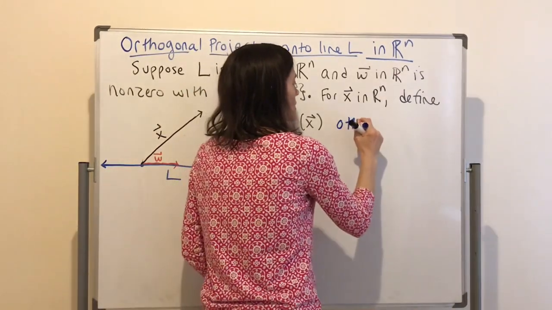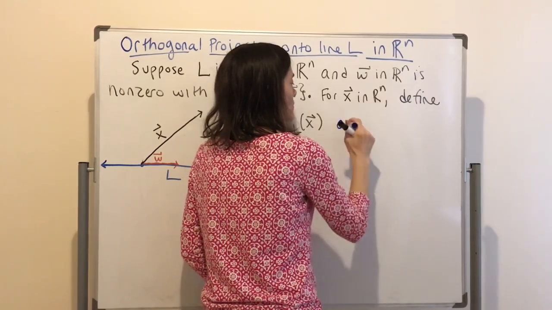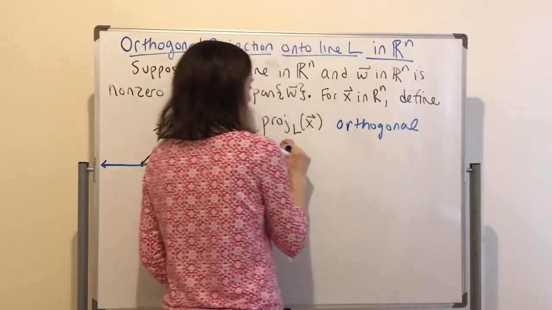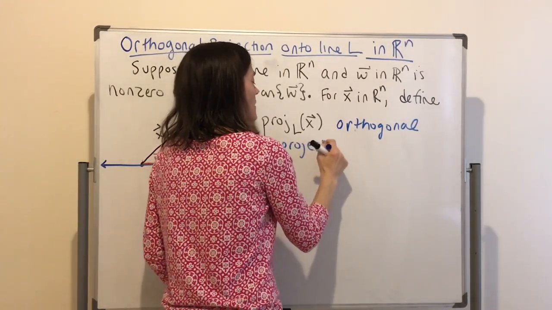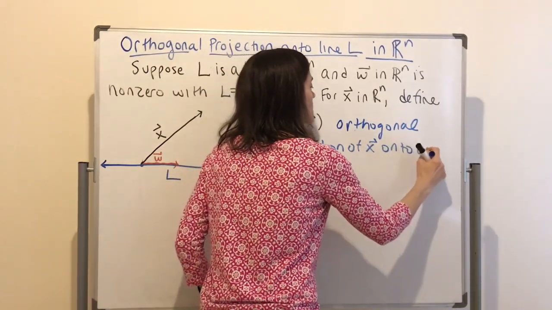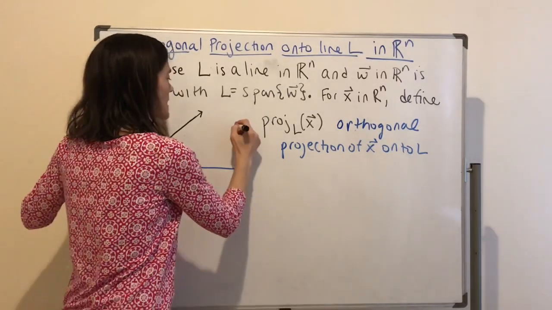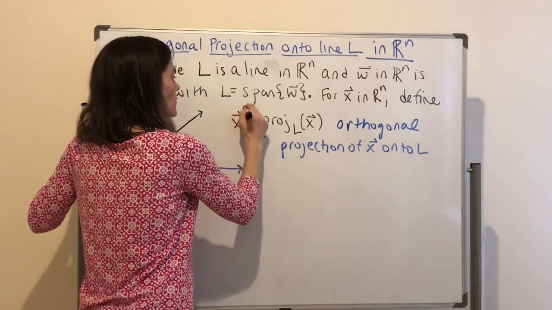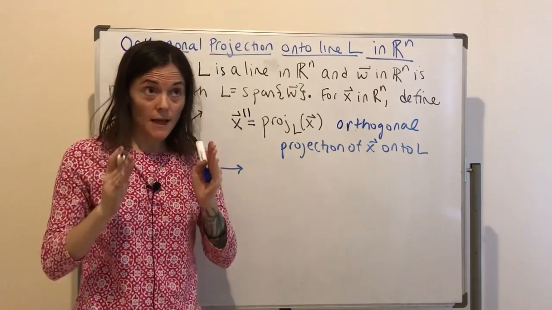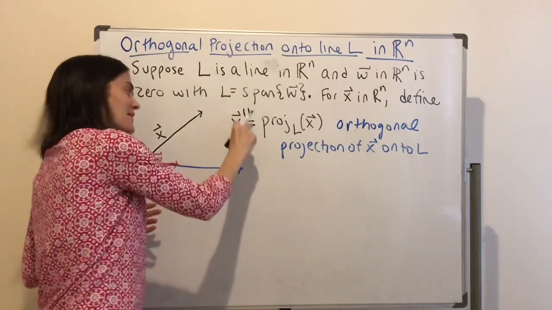This is orthogonal projection of this vector onto the line. Now another notation is like this, x with a parallel symbol, like an equals sign turned on its side, but it's parallel, okay?